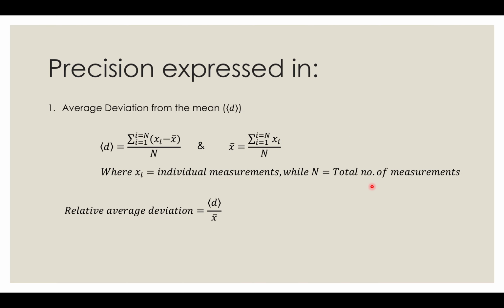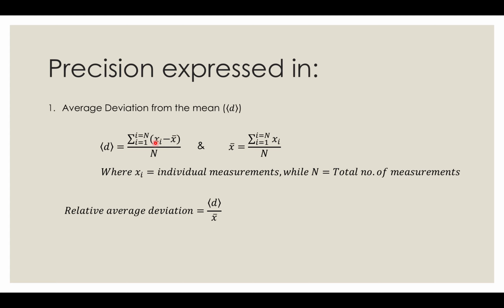Precision in any measurement is usually represented mathematically by a few terms. One of the terms that we use to express precision is the average deviation from the mean, represented by the symbol small d. It is equal to the summation of |xi minus x bar| divided by the total number of measurements.